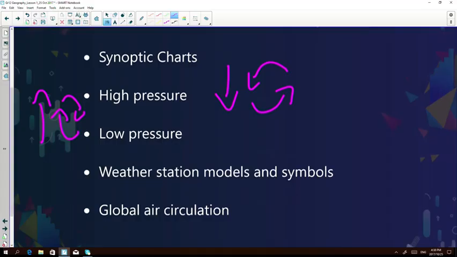And finally, global air circulation. Global air circulation, we looked at it, the vertical movement of air and the horizontal movement of air. Now, as you know it, vertical movement of air is the low pressure systems and the high pressure systems, and the horizontal movement of air is air moving from a high pressure to a low pressure.